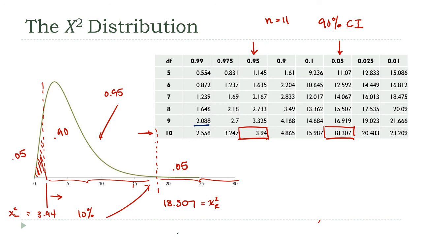Some textbooks call this right-hand one chi-squared alpha over 2, right? Because alpha over 2 was 0.05. And they'll call this left-hand one chi-squared 1 minus alpha over 2.